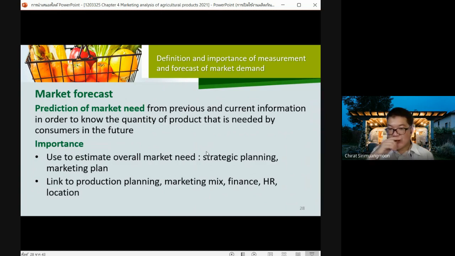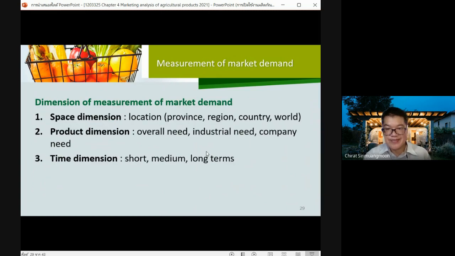But for market forecast, you need to do something more in terms of strategic planning. You need to plan some strategies. You need to have the marketing plan for reaching the point that you need. It's also important because it's linked to production planning and the marketing mix that you need to apply, finance, like financial status, human resource management, and also location. So it's all important for the market forecast.